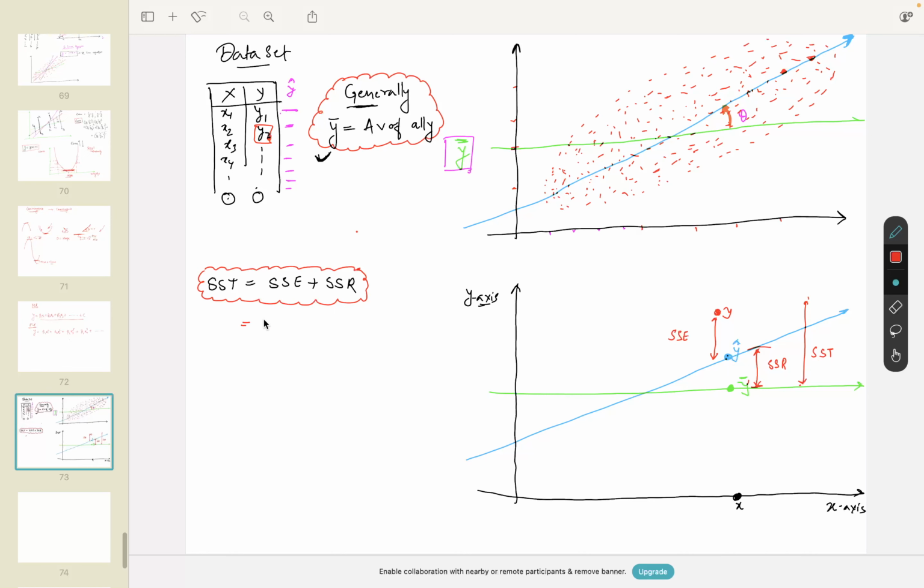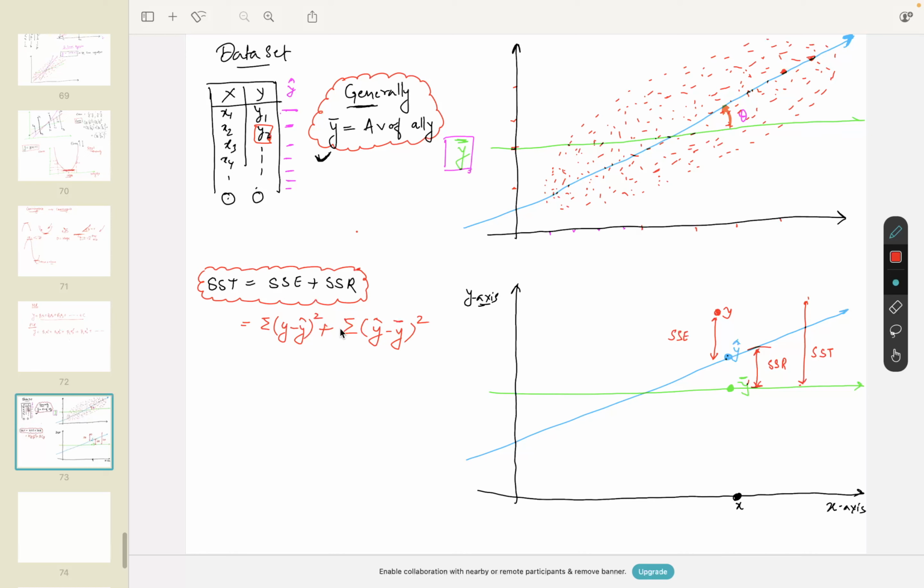Okay, so if we want to write it this way, we can write summation of y minus y cap, whole square, plus summation of y cap minus y average, whole square.